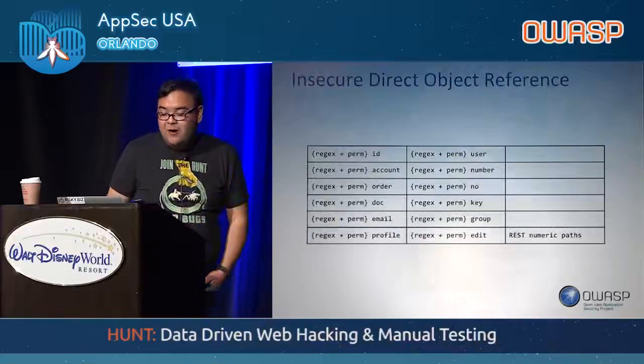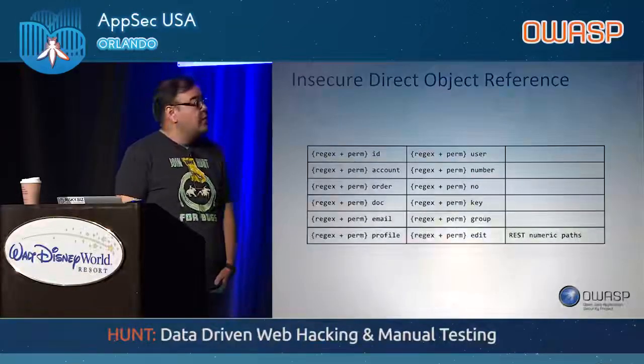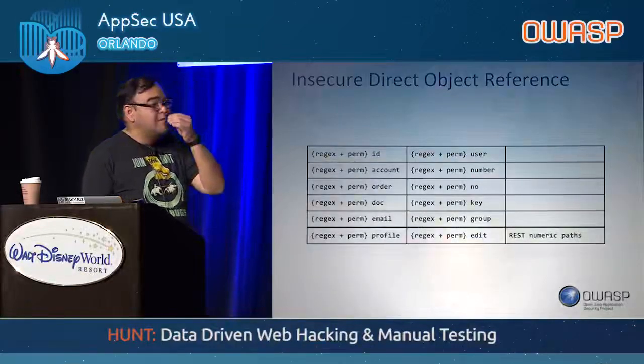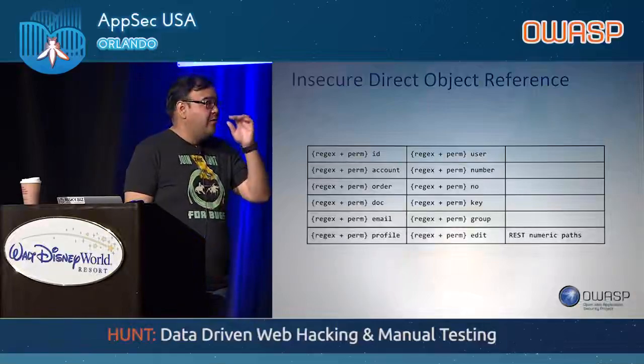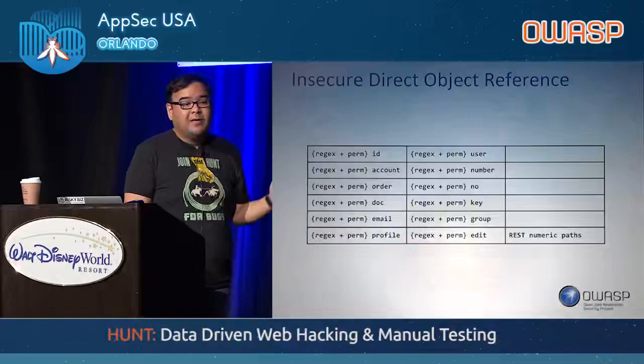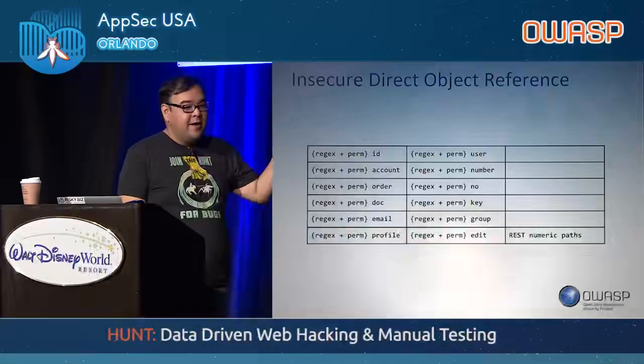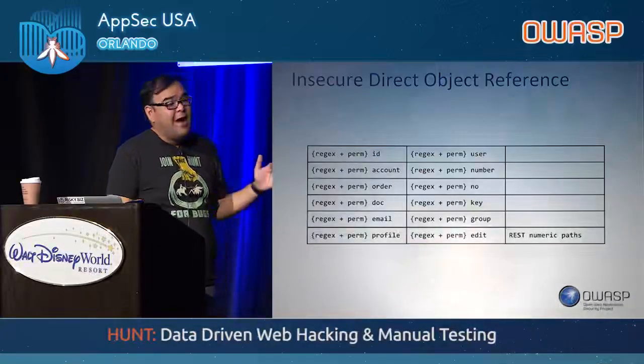Insecure direct object reference. Things like ID. ID comes up pretty frequently in our data set. However, it's on multiple vulnerability classes, and within the tool itself, it'll separate it by vulnerability class and by ID.